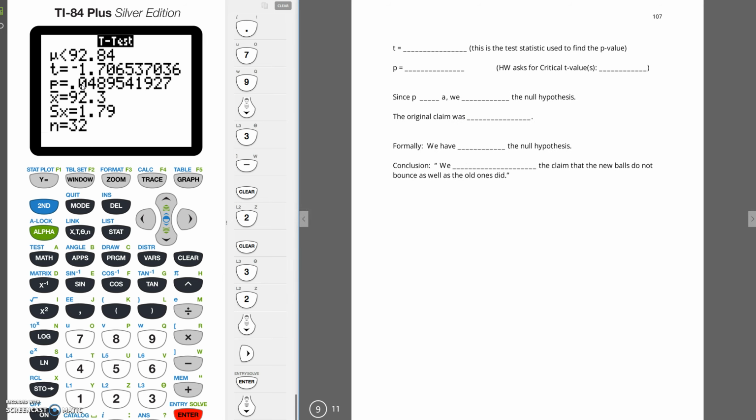So we're going to record on the next page. T here is our test statistic. Again, we're not going to use this because we're using the p-value method, but it's what is used to find P. So our p-value here is 0.049.